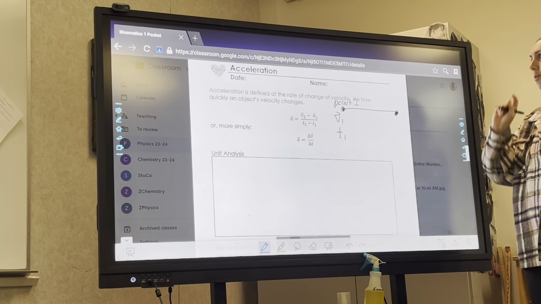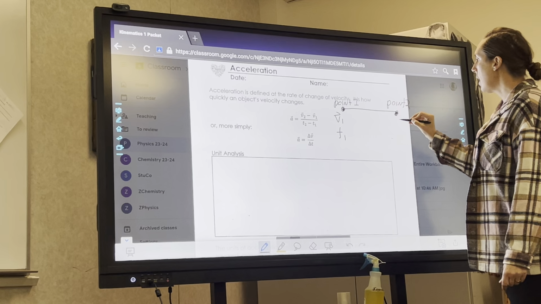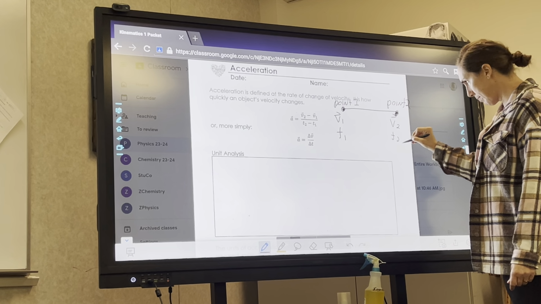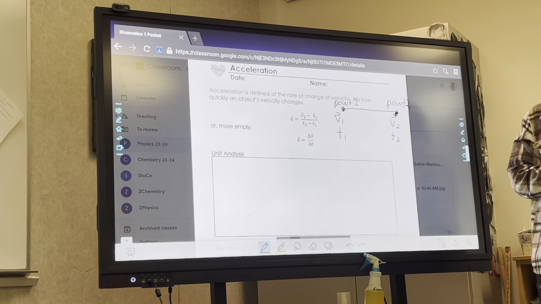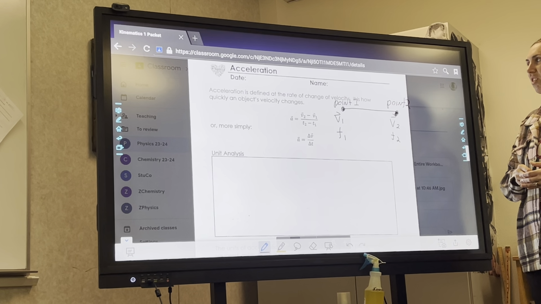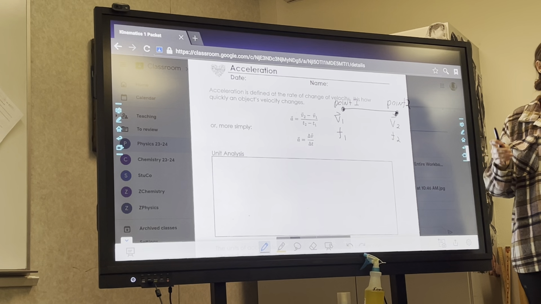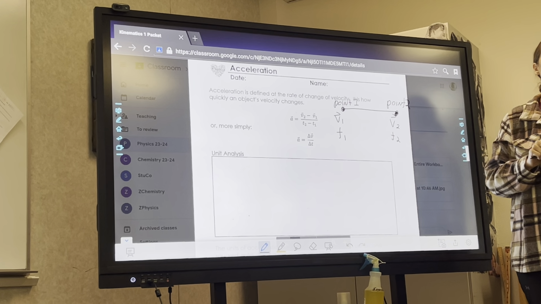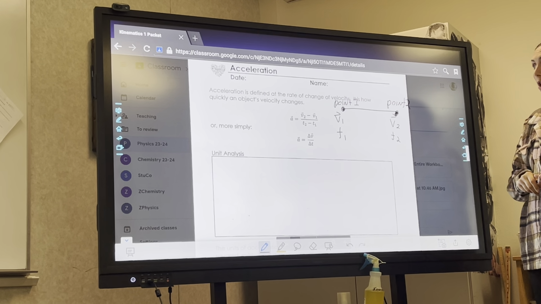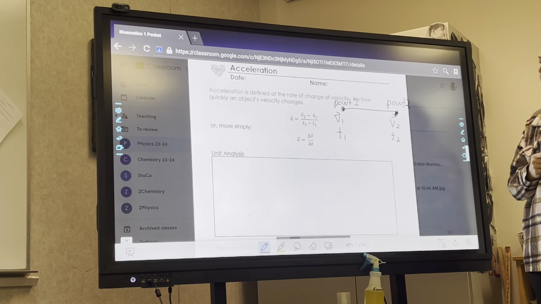Then we need a second point to compare it to, with a velocity and a time at that point. Now, when I was in college, and it is subjective to your professor, I liked to call it initial velocity and final velocity. Remember, initial means the first, final means the second. So in order to get an acceleration, we have to compare 2 points.